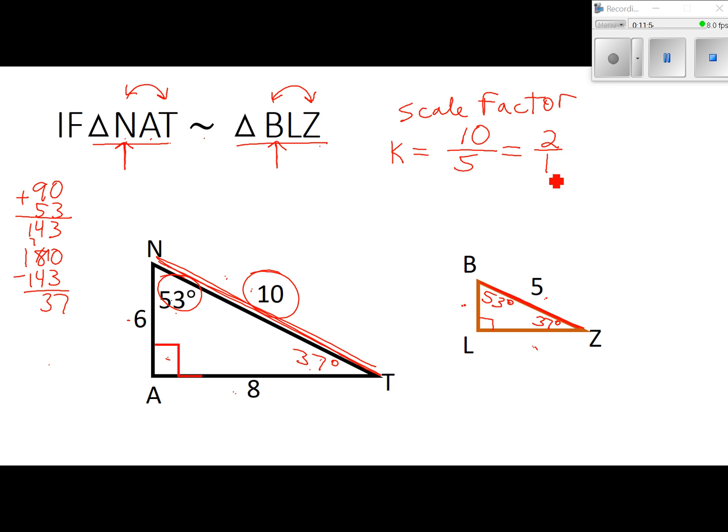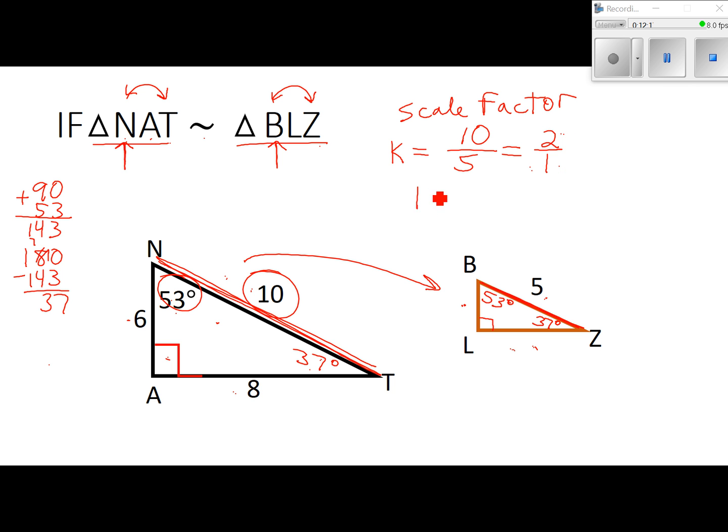Now, if you know that we're starting here and we're going to that shape, then the scale factor is not going to be 2 to 1, because we went from big and we got smaller. If we have a scale factor of something bigger than 1, which 2 over 1 is, then that means we're getting bigger.